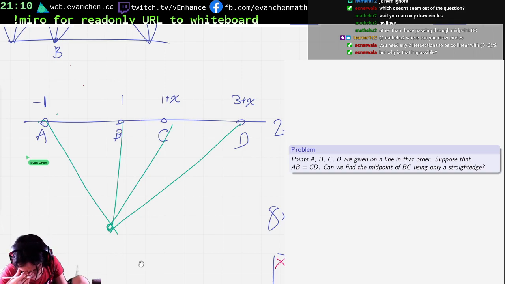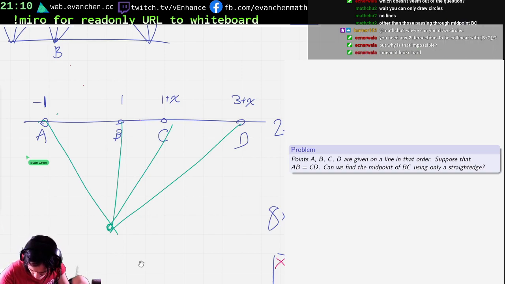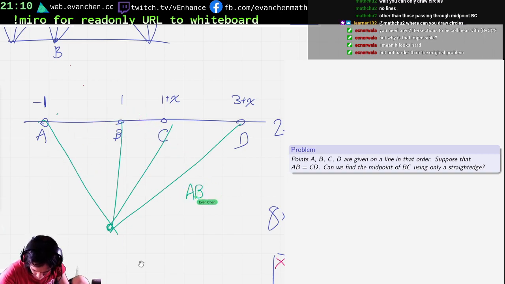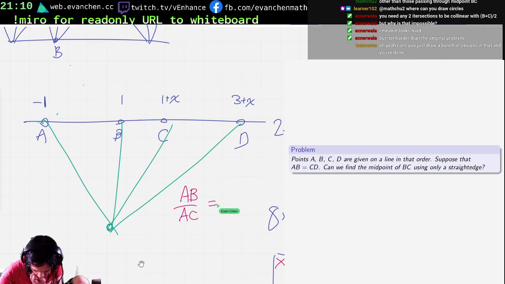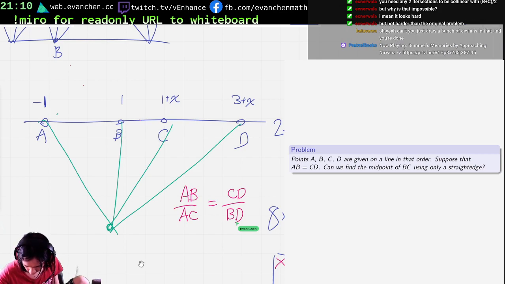What am I trying to say? It's like AB over AC is equal to CD over BD. So this does not compile into any cross-ratio statement, right?